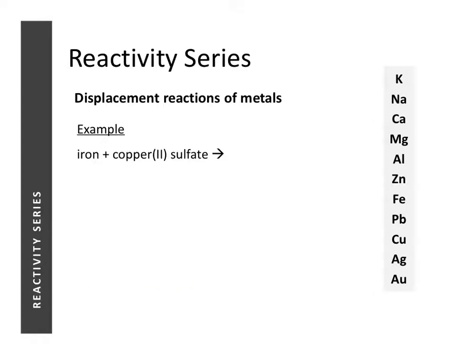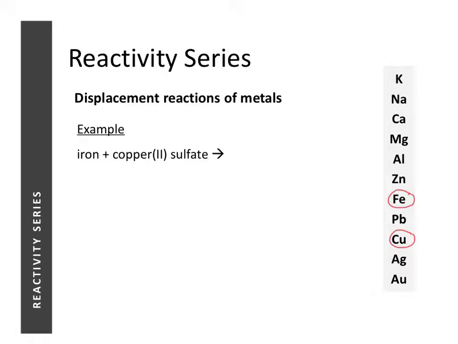So for example, if I were to put a piece of iron metal into copper 2 sulfate salt solution, would anything happen? Let's take a look at the reactivity series and find the 2 metals involved. The first metal is iron and the second metal is copper.